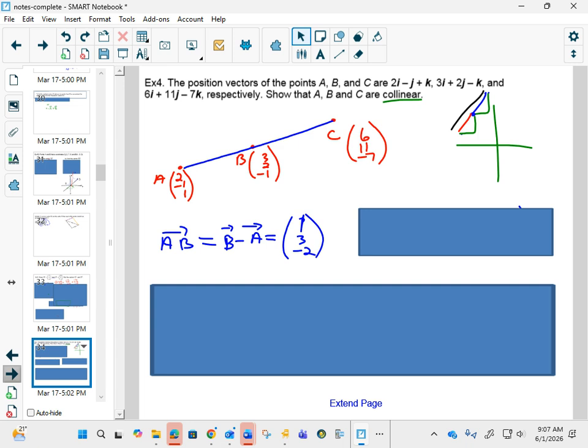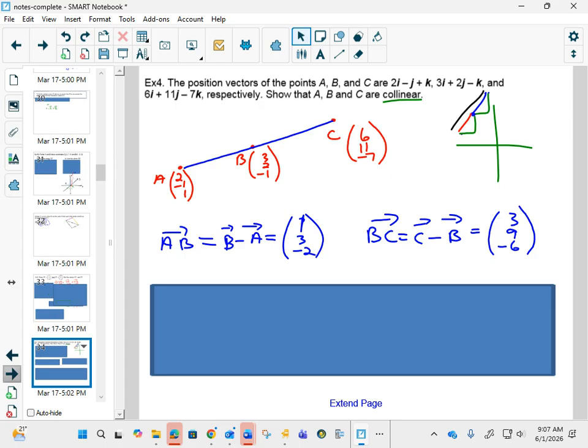A to B is that direction vector. B to C is that direction vector. Do they have the same slopes?